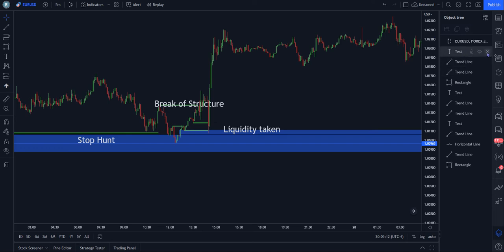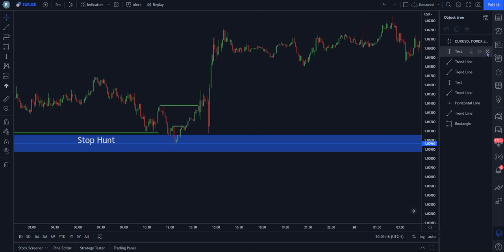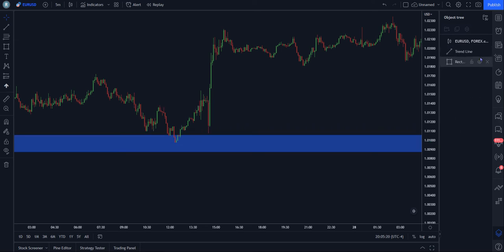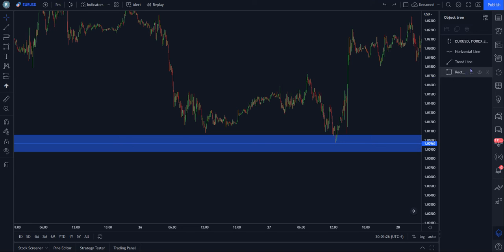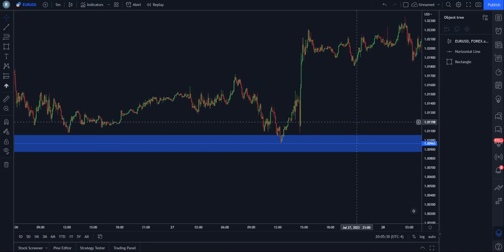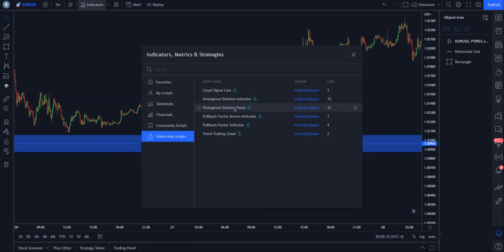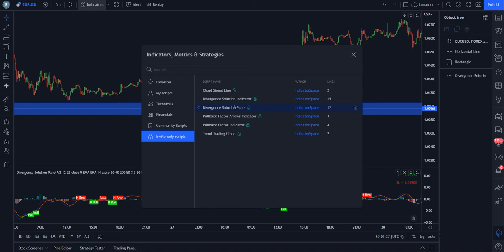Now, let's get rid of all of this. Now let's bring up the solution panel, which you just see popped up in the indicator.